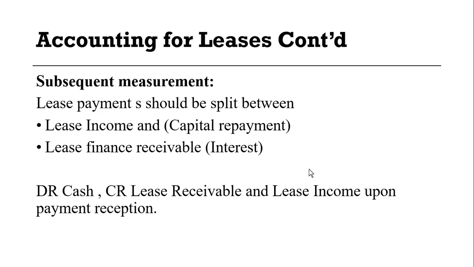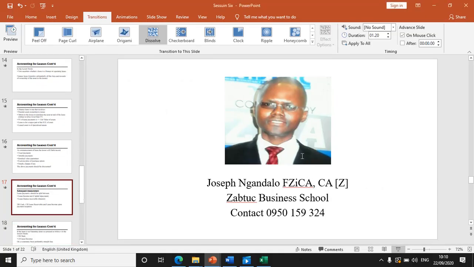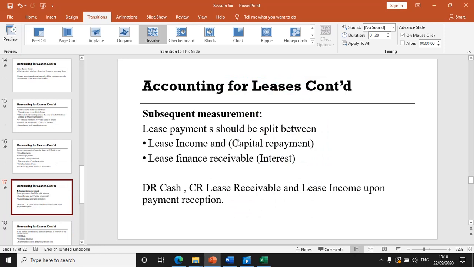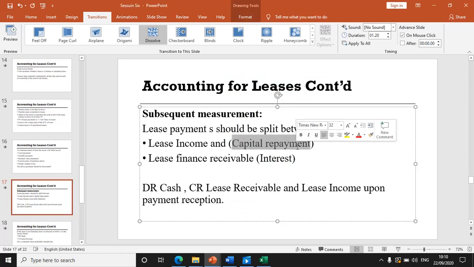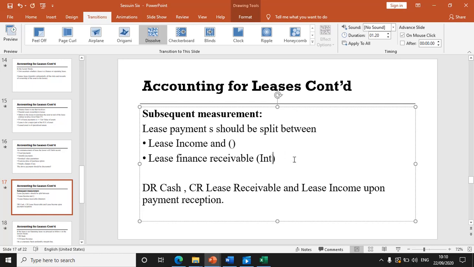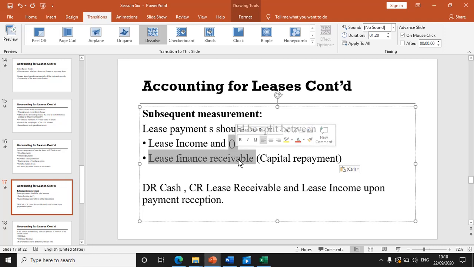I hope that you can see that. Now, debit cash when you receive the amount, credit lease receivable. I need to correct that. Let me just change that a bit. Capital repayment is that one, and the interest, of course, should be that one there.